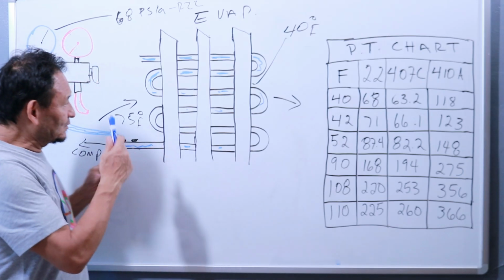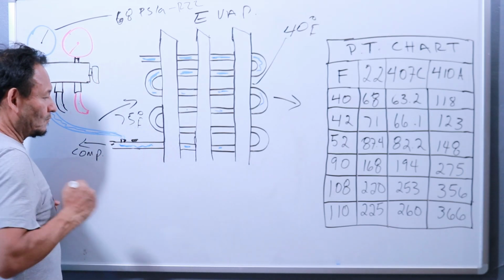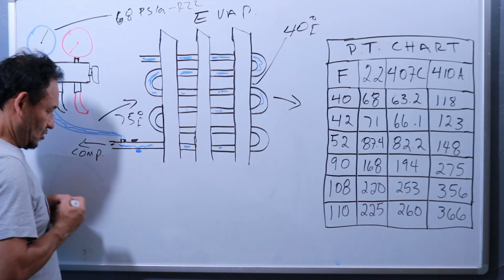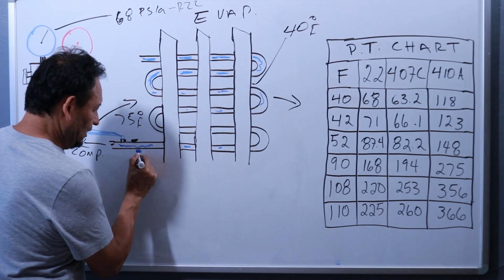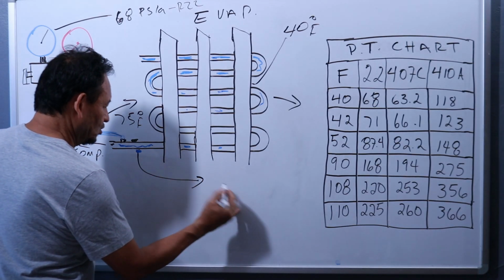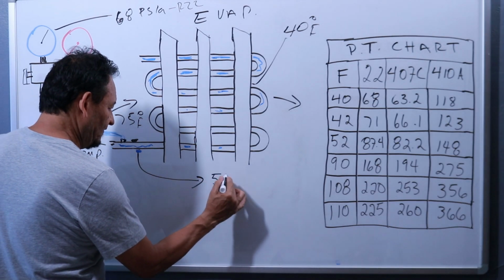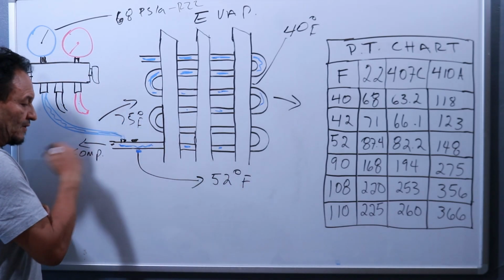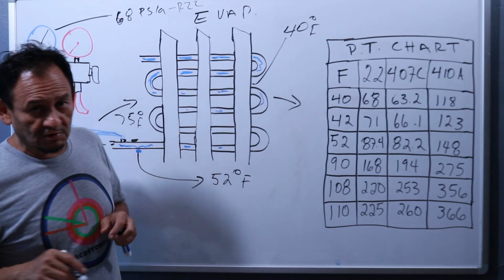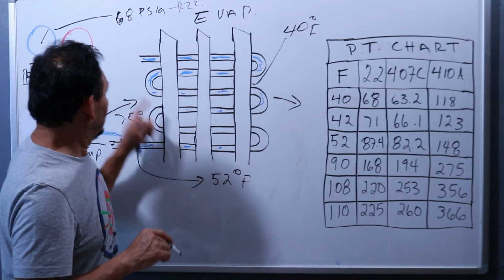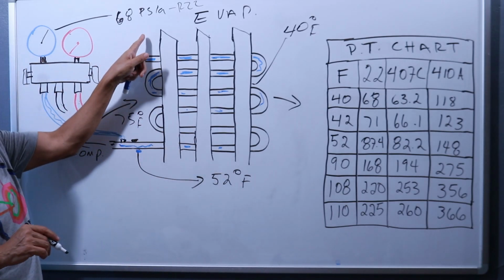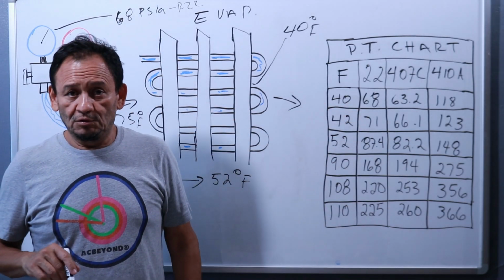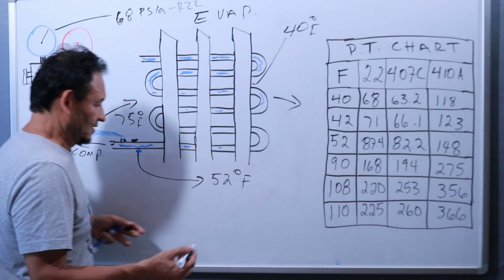Let's say on this system we measure the refrigerant going into the compressor and it's 52 degrees Fahrenheit. Remember that 68 psig equals a 40 degree coil.